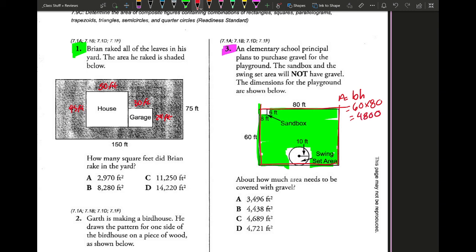So everything, including the swing set area and the sandbox, is 4,800. But I'm not gonna put anything in those 2 spots. So I need to take those away, right?